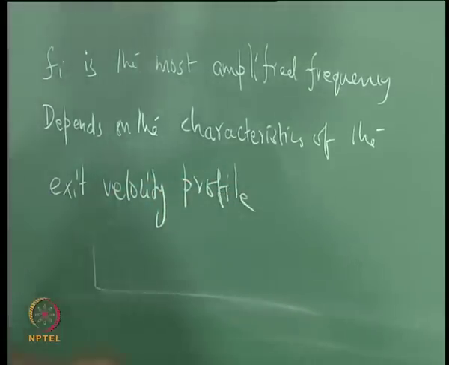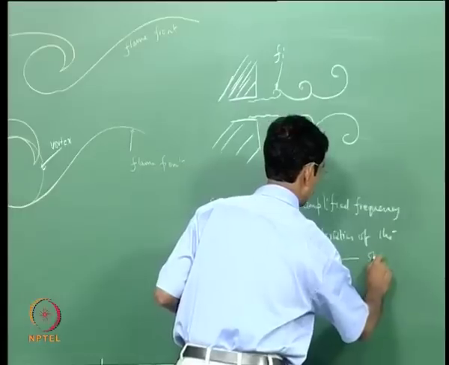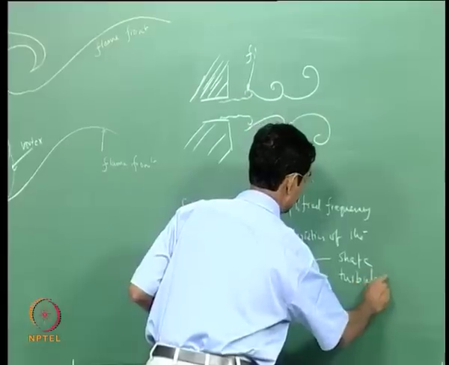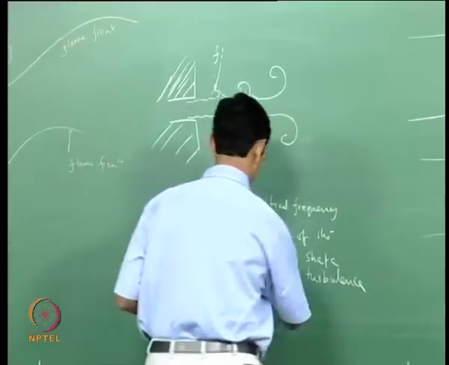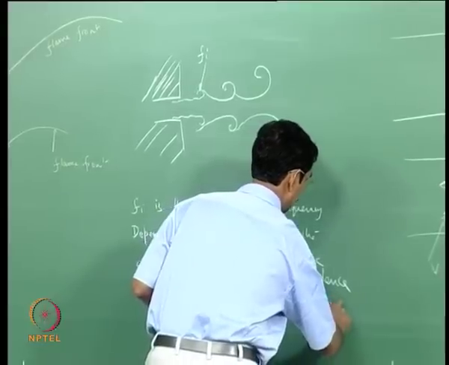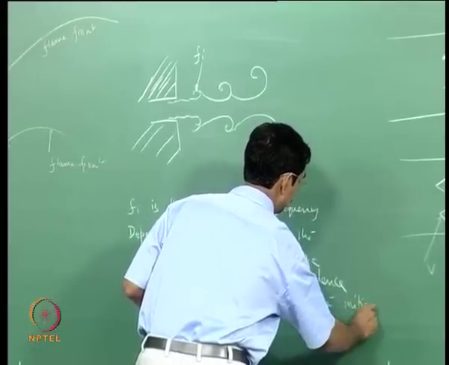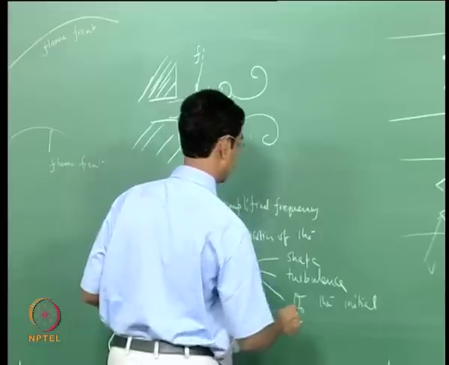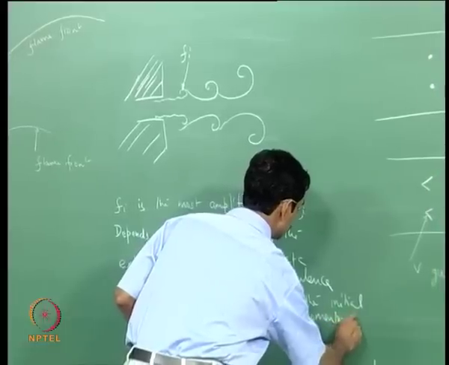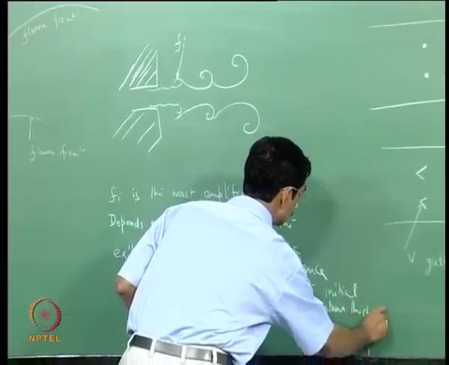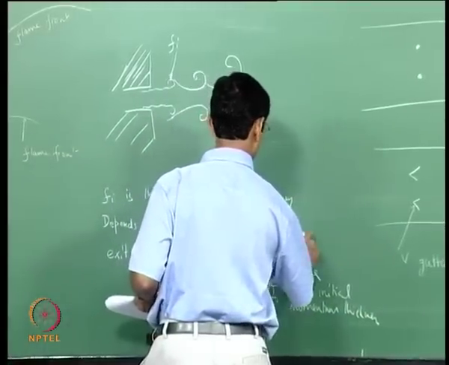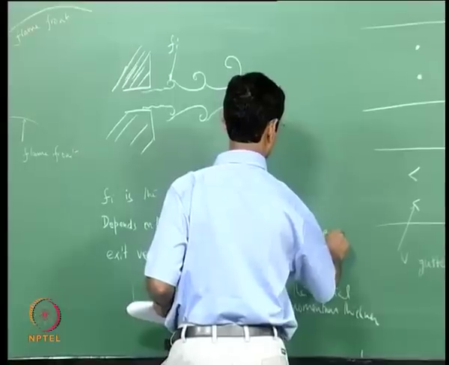And those would be, let's say, the shape, the turbulence levels there, theta naught, the initial momentum thickness, and also of course u naught, the jet exit velocity.